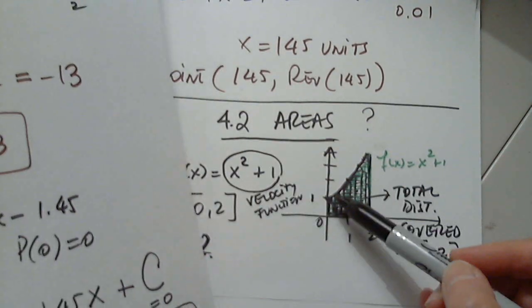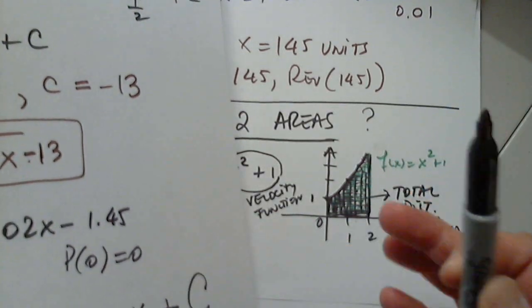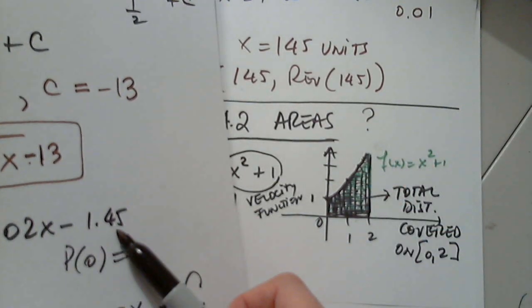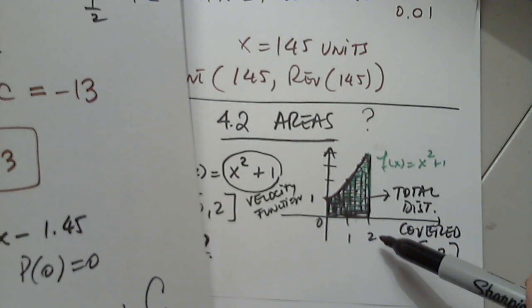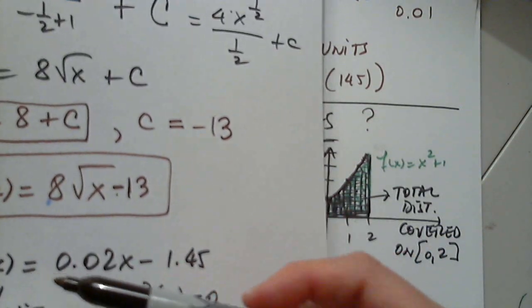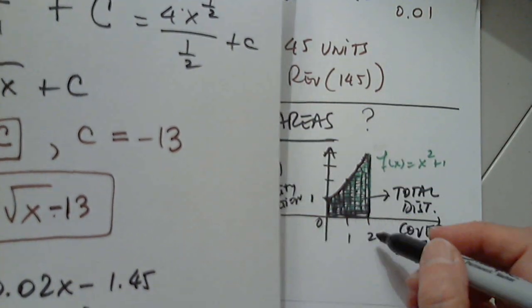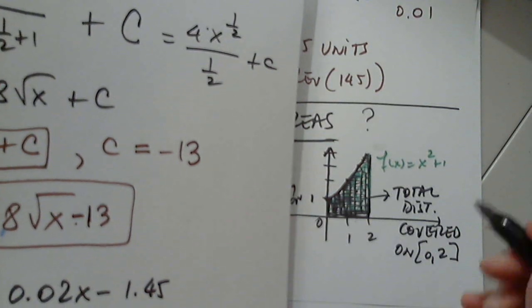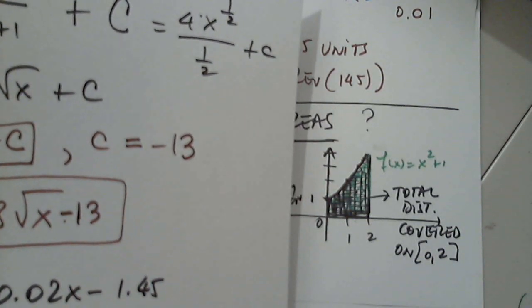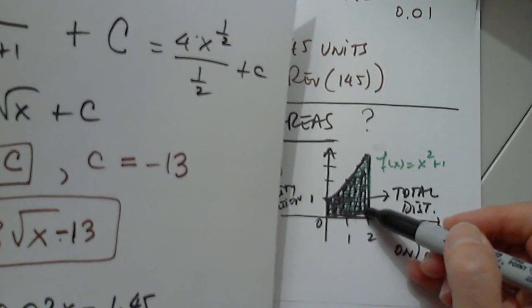If this function is 0.02x, it's not, but assuming it's 0.02x minus 1.45 between 0 and 2, because it's marginal profit, I would say between 0 and 2,000 units, or 0 and 200 units, whatever. What will the area represent?